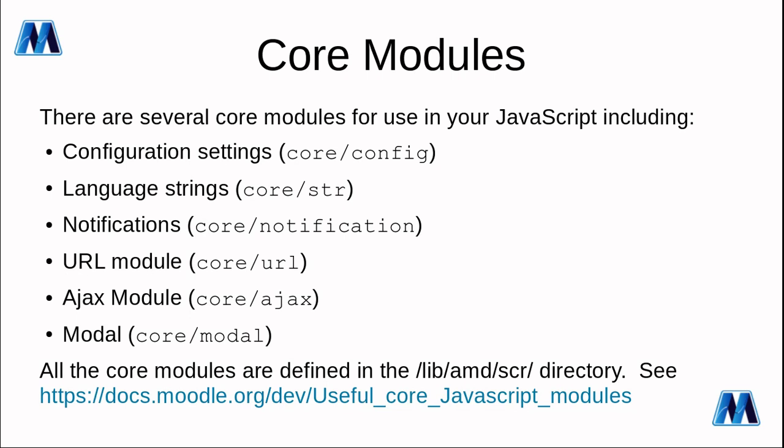Notifications, so you can notify users of particular issues, alert boxes, etc. You've got a URL module, and we've spoken about Ajax, and we also have a modal core module for working with modal windows. All of the core modules are defined in the lib/amd/src source directory, and you can have a look at the documentation at that link as well.